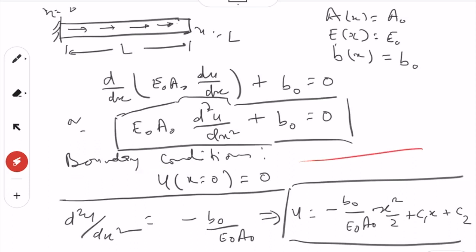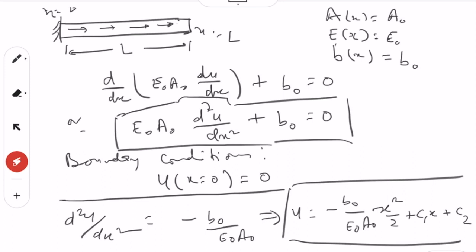Meaning that we do not have to write at the end that E A times del u over del x equal to 0. So by default it is assumed to be 0 only, and if there is a load applied, then we apply a load.